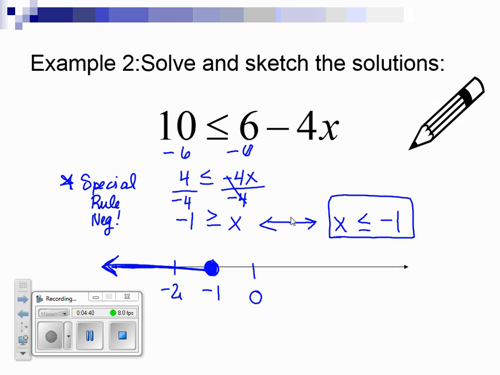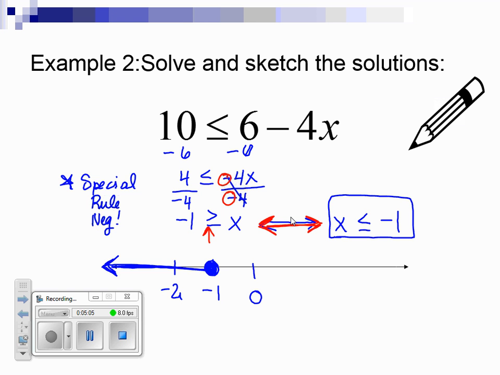So we have to remember our special rule: when dividing by a negative, we flip the inequality sign. Then if you want to rewrite it so it makes more sense to you, put the x on the other side, flip-flop the inequality again, put the negative 1 on the right-hand side, and then graph it. So that's example number 2.